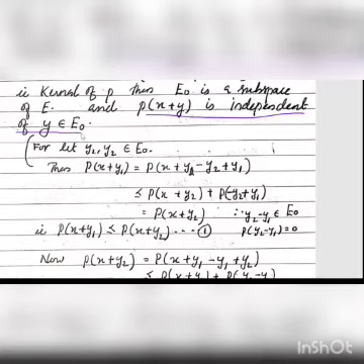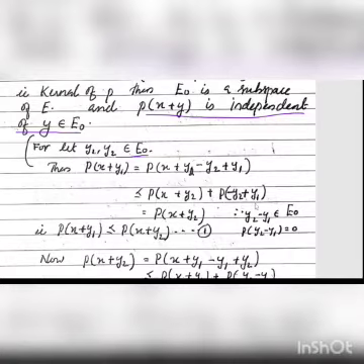Let y1 and y2 belong to E naught. Then P of x plus y1 can be written as P of x plus y2 plus y1 minus y2. Now this quantity is less than or equal to P of x plus y2 plus P of y1 minus y2.